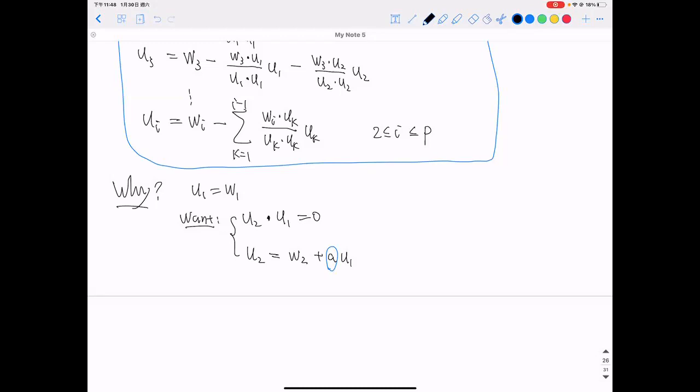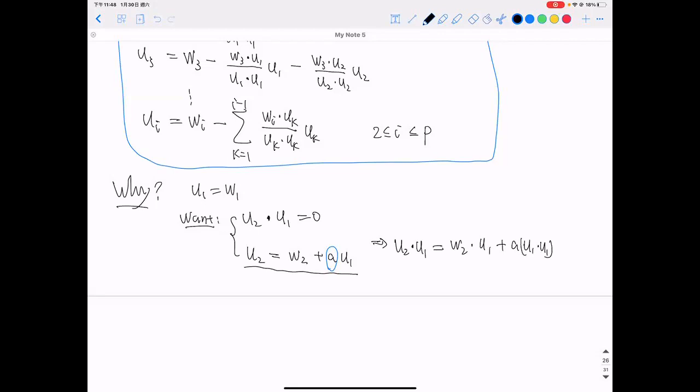If you dot this equation by U1, you get U2 dot U1 should equal W2 dot U1 plus A times U1 dot U1, right?